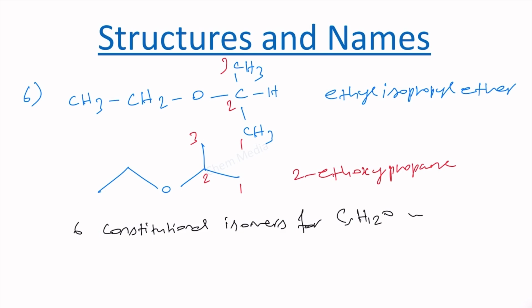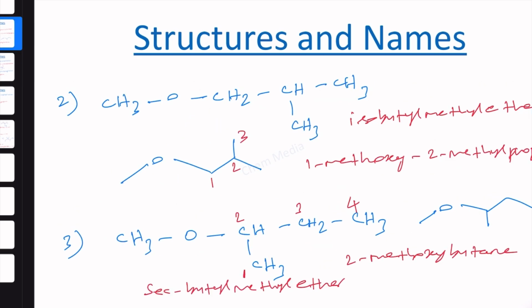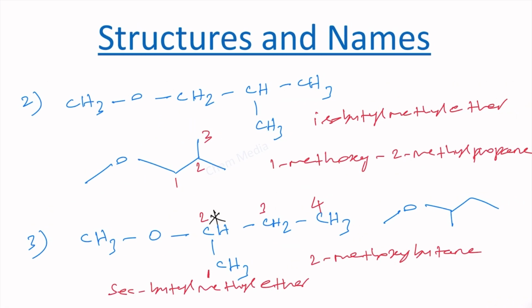C5H12O with ether functional group. If they are asking all isomers including stereoisomers, then the answer should be 7 because we have a chiral center here. The secondary butyl methyl ether has a chiral center and therefore one chiral center means total number of stereoisomers is 2, isn't it?